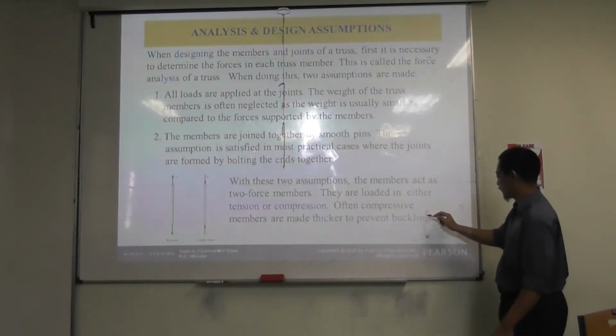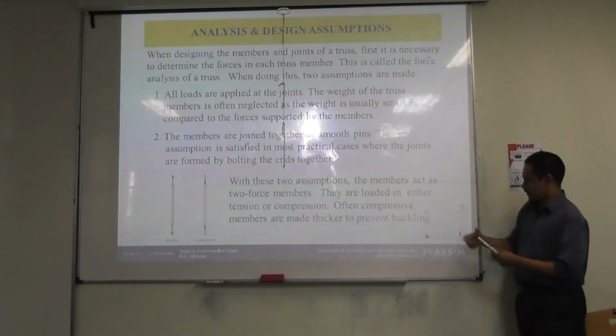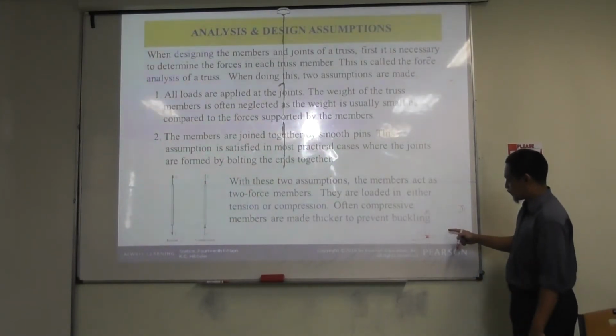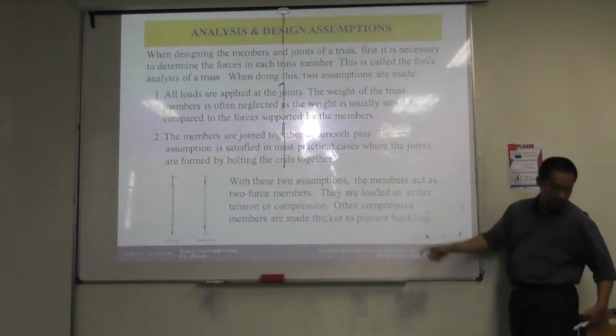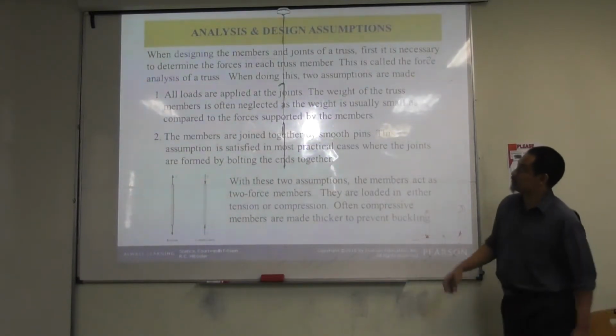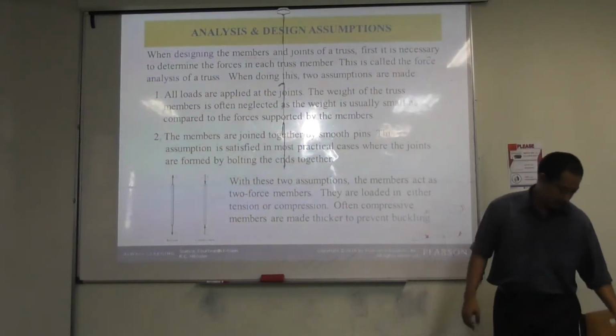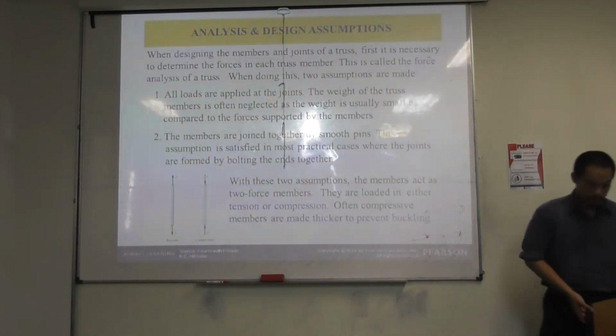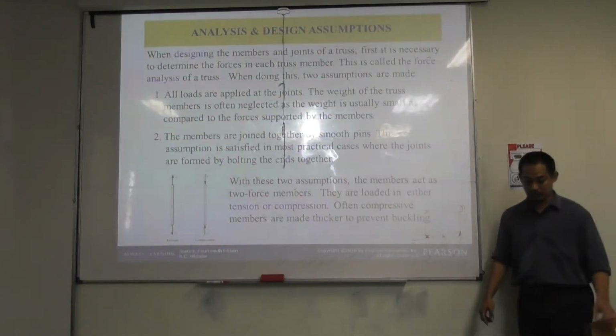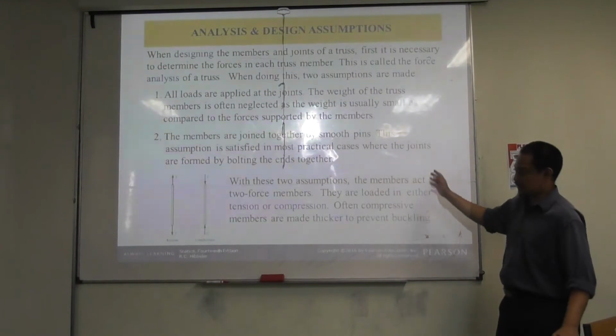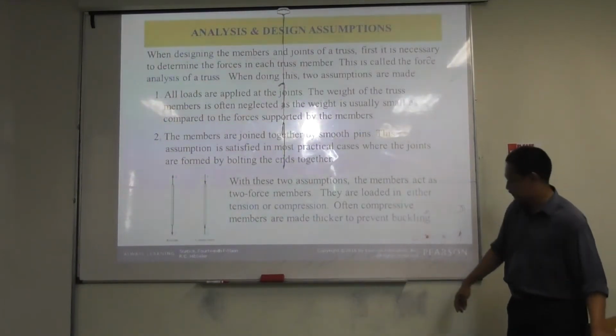Here it is combined, etc. So it will no longer be a 2 force member if suddenly you have something like this, and now you have a 3 force member here, right? If that happens, this is no longer a truss, because a truss is by definition having only 2 force members in the structure, right? That is why we can analyze the way we want to analyze after this.